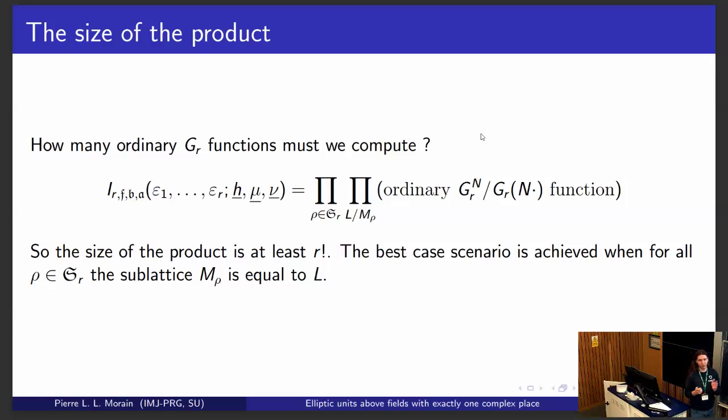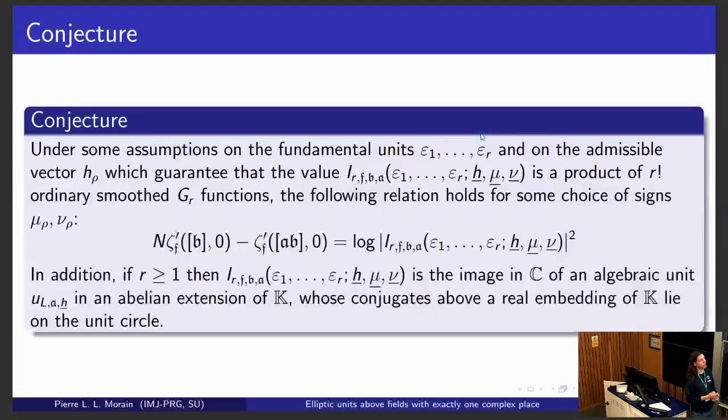It's quite long. I do some algebraic number theory. I tell you how to achieve this, and I say, under these conditions, I can achieve this. This is a small product, and it's supposed to be algebraic. This is a part of the full conjecture if you want.